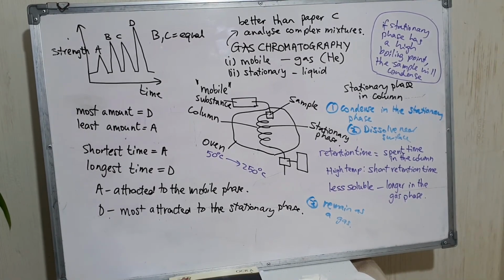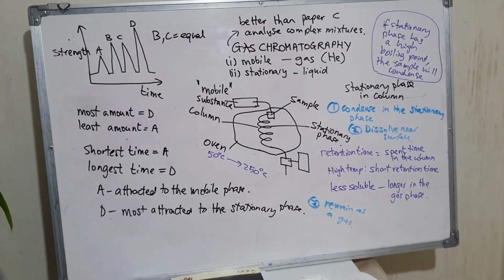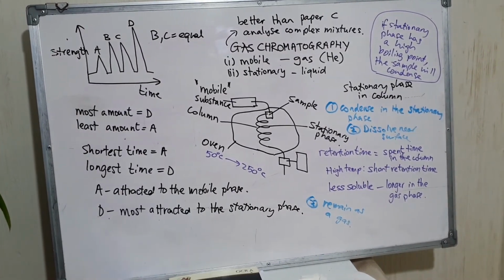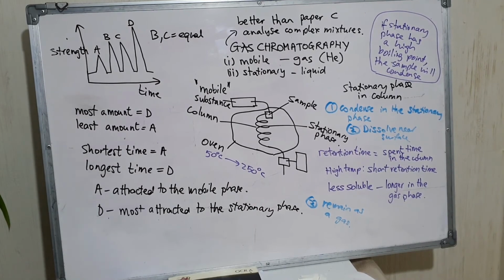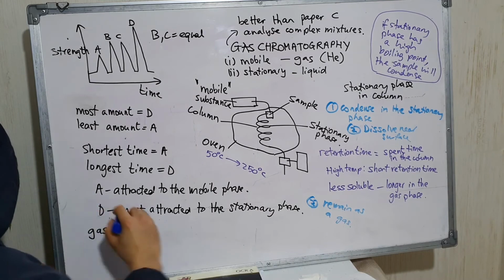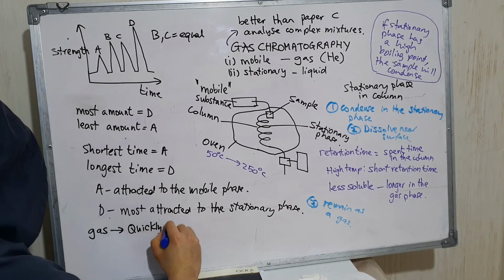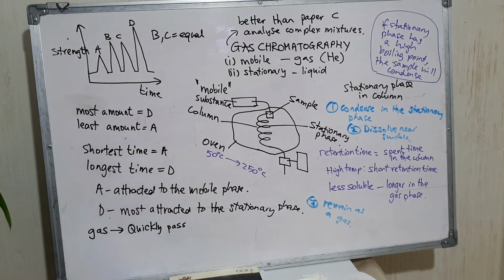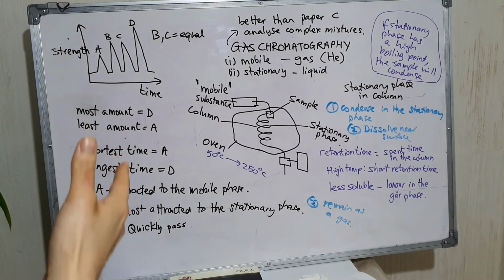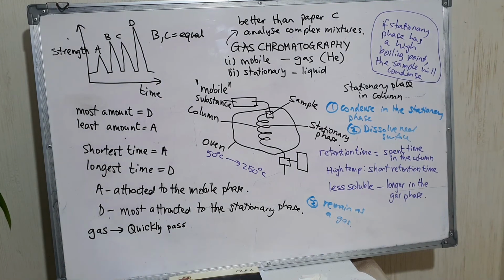Okay, and just two more things. If it's a gas, it will pass very quickly. Now, if you want to investigate something that's viscous or very sticky, you would use a high temperature.